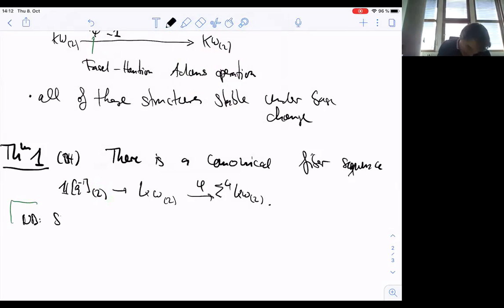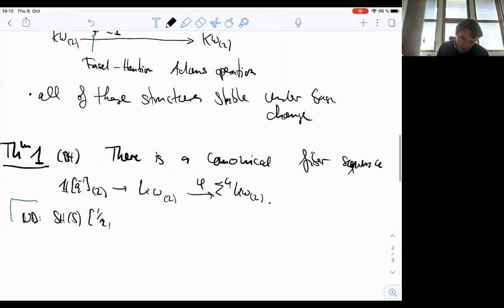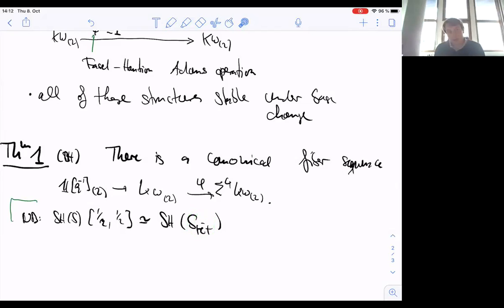The point is that if you take SH of S, and you invert eta, and now I've localized at 2, so I need to somehow understand the opposite, so let's invert 2. And then this category is sort of well understood. So this is equivalent to just SH of S red. And I don't want to go into it, but this is basically sheaves of spectra on a certain topological space. And of course, 1/2.